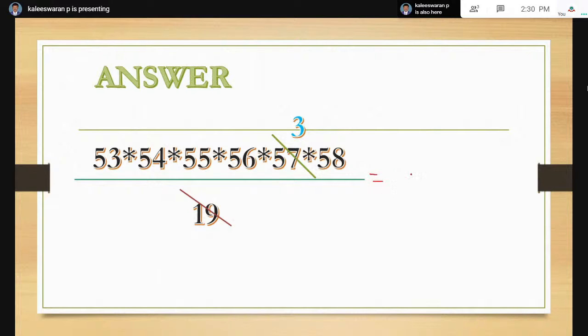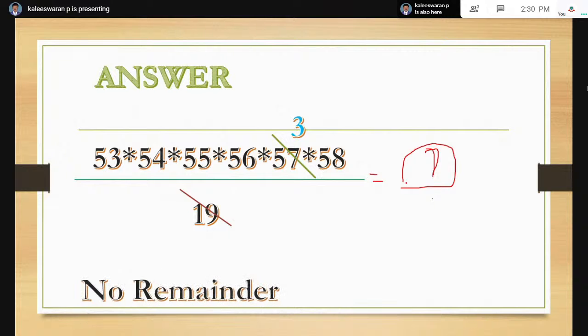Whatever answer we get here is not a remainder, that answer is the quotient. Here the remainder is 0. There is no remainder in this question.